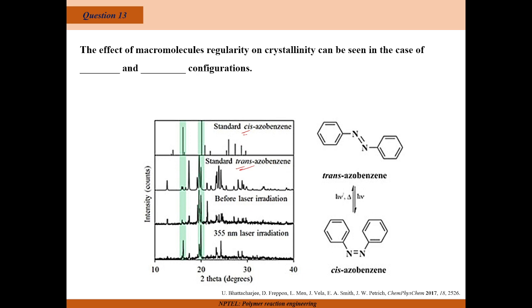So both cis and trans configurations of molecules can form crystallinity. It is not that if a molecule is showing crystallinity in its cis form, it won't show that in its trans form. Even if the configuration changes, the crystallization of the polymer would remain intact.